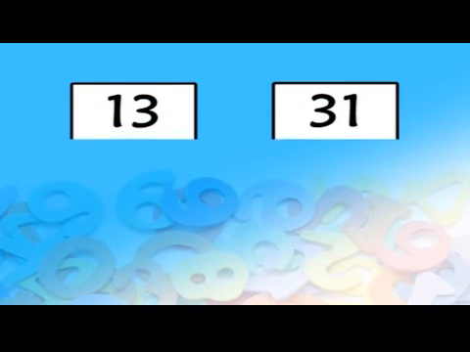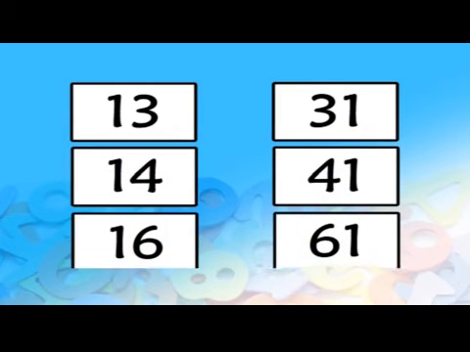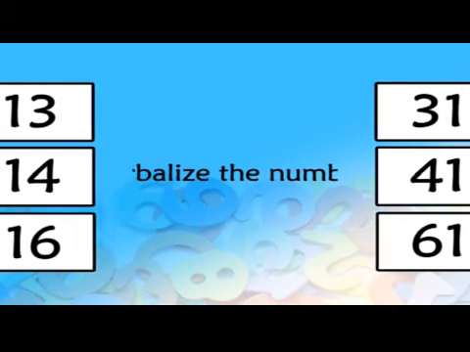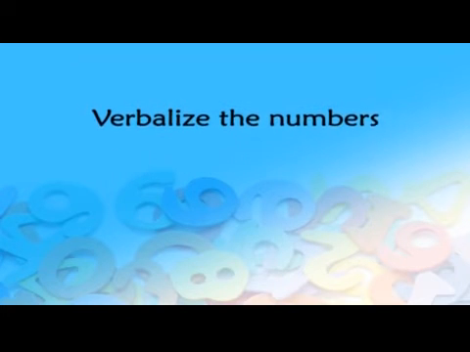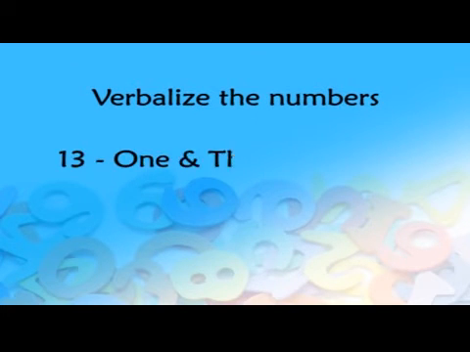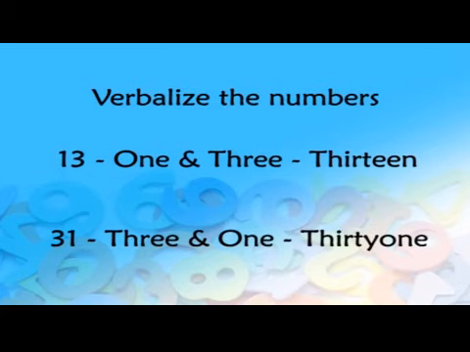Reversals of numbers like 13 and 31, 14 and 41, 16 and 61, all these teen numbers, can cause reversal issues. So the child needs to be able to verbalize these numbers by giving emphasis to the formation. For example, 13 is 1 and 3, 13; 3 and 1, 31.